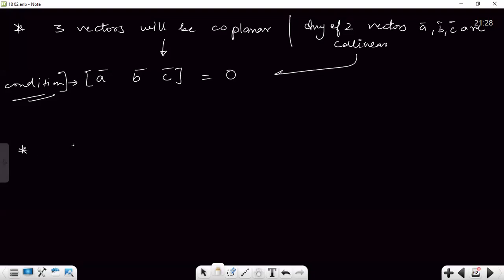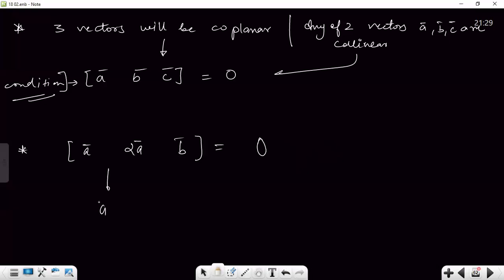Next property. A dot 2A cross B is equal to 0. Or we can write it as A dot A cross B is 0 first. Why 0? Let's understand.